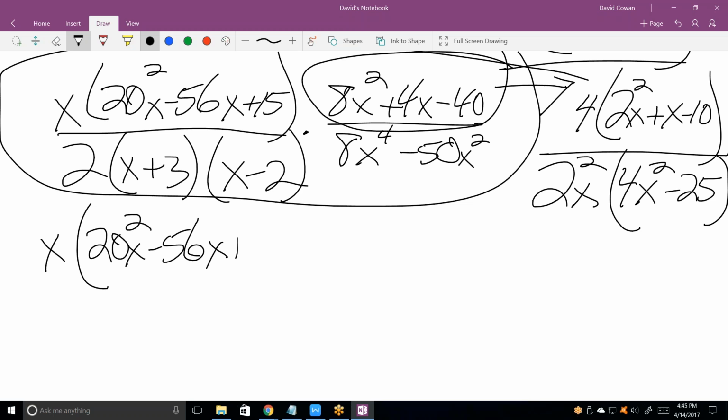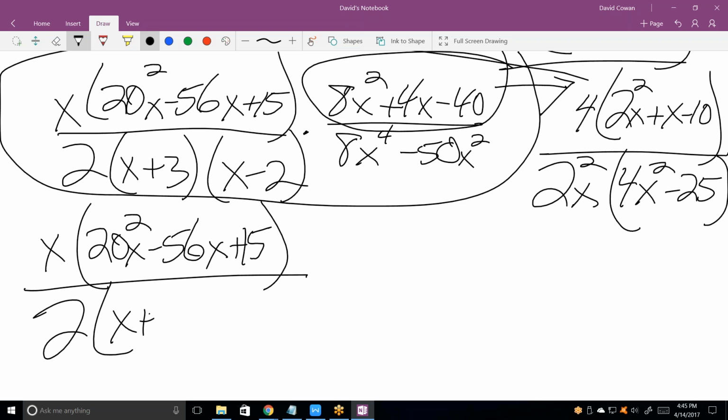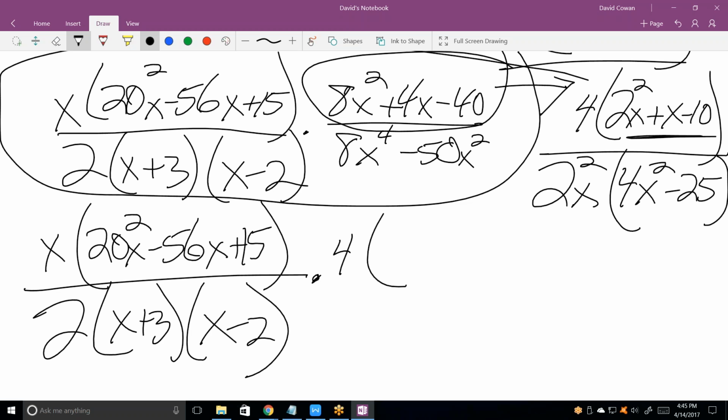I'll write it as a quadratic and put the bottom over it. Notice that when everything is factored, it's much easier to simplify. That's why factored answers are always better than unfactored answers. Now, does that factor into, yes, it factors into 2x minus 5 times x plus 2, only I got the signs wrong.